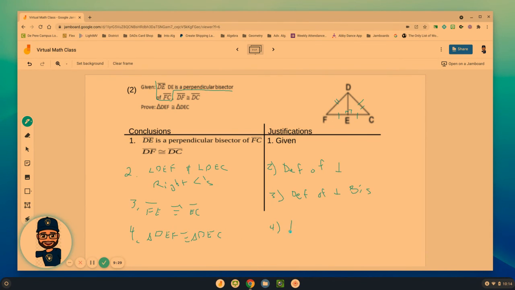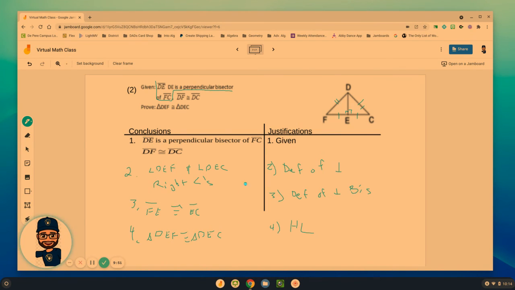What allows us to say that? HL, the hypotenuse leg congruence. And again, because the two hypotenuses are congruent to each other, we knew that this leg and this leg were congruent because of perpendicular bisector definition. We also knew that they were right triangles because it was perpendicular, allows us to jump to that.